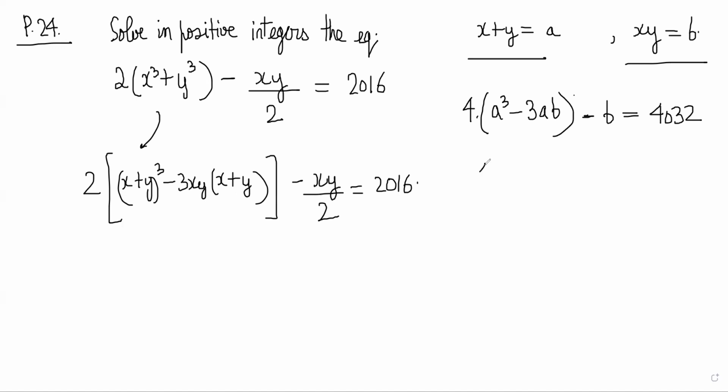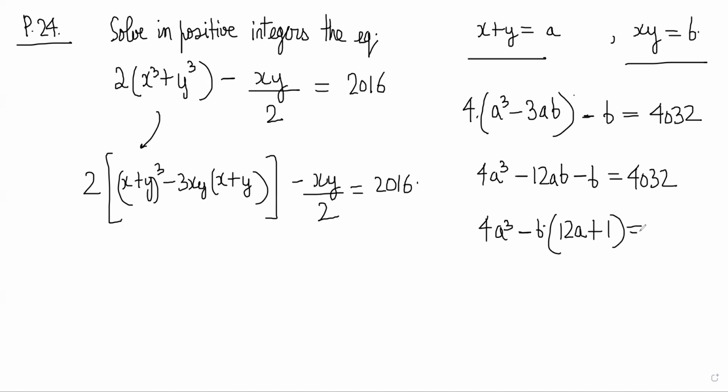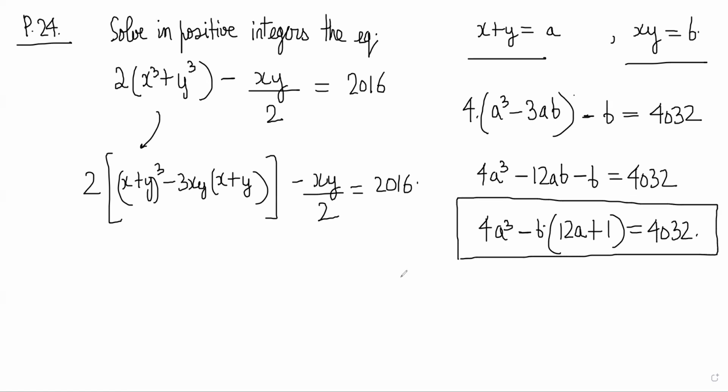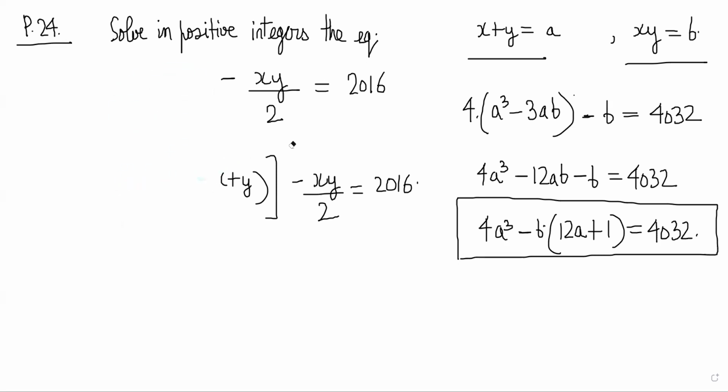Simplifying it a little bit, 4a cube minus 12ab minus b is equal to 4032, right? Yes, sir. So 4a cube minus b common, you can write (12a plus 1) is equal to 4032, right? Okay, this is our equation.